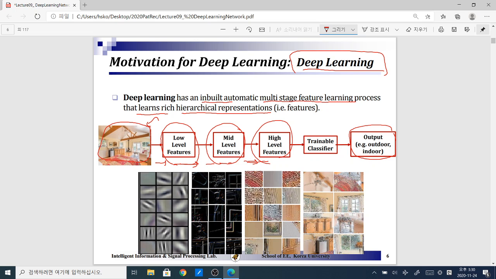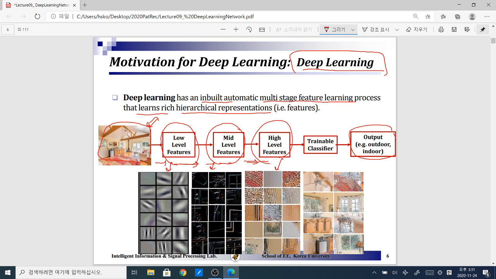So what is a low-level feature? An example is given here: with the original image being defined by pixel intensity in, say, three different color channels, the low-level feature would be very close to the pixel values, whereas the mid-level could define, for example, the edges, the corners, and so forth.